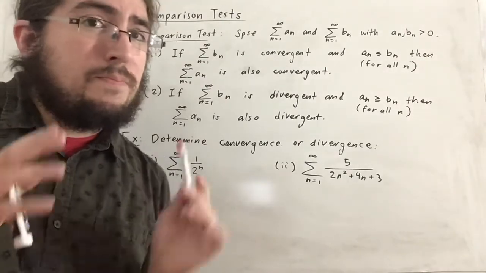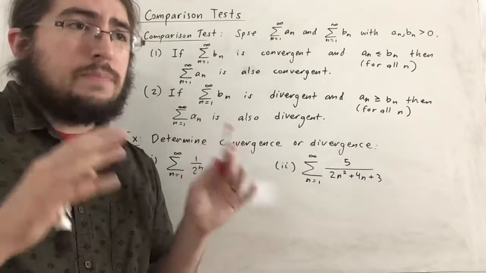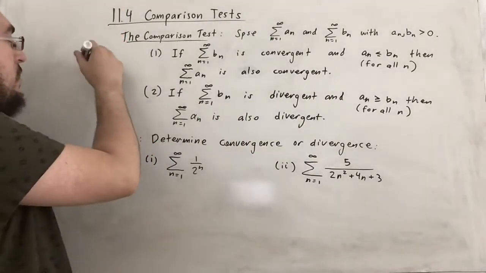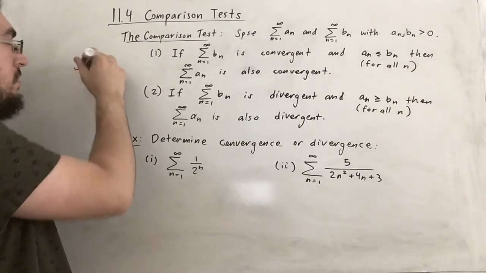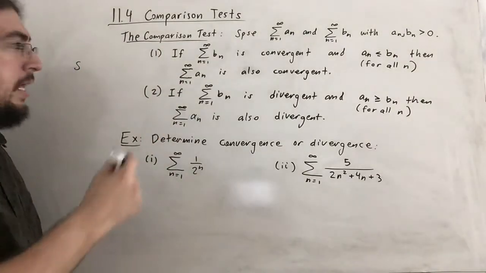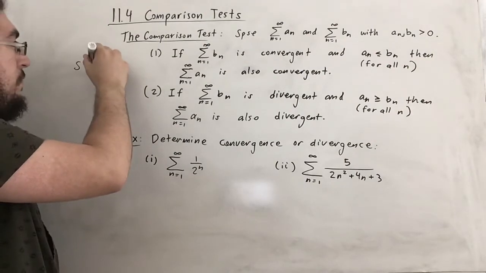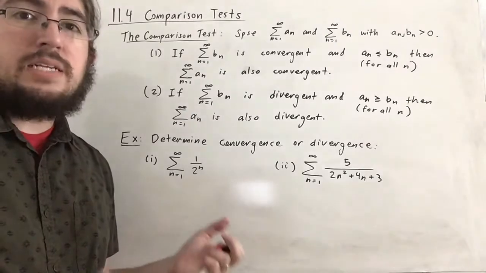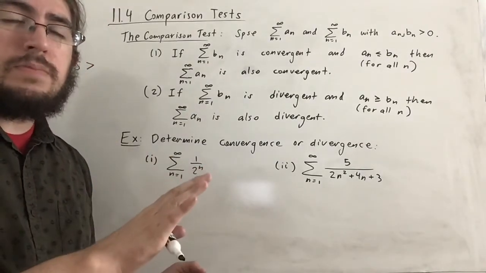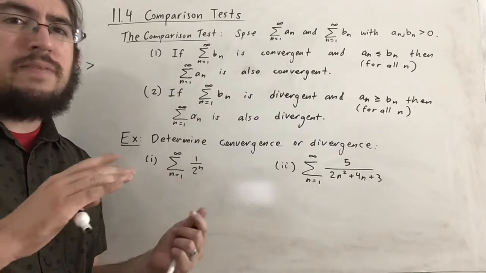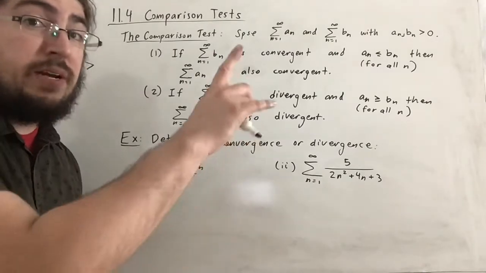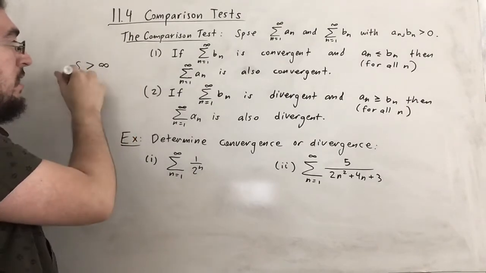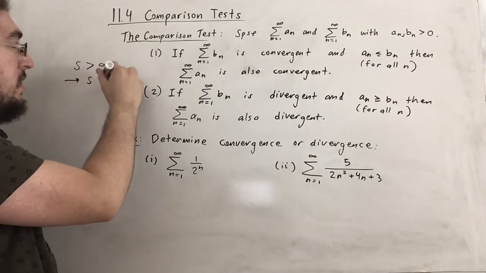The big basic concept behind the comparison test is that if you have a series, let's call it S, and it is bigger than something that diverges, first off, if all your terms are positive, there's no alternating sums. So if it diverges, it would diverge to infinity. So if it is bigger than infinity, then this implies that S diverges.